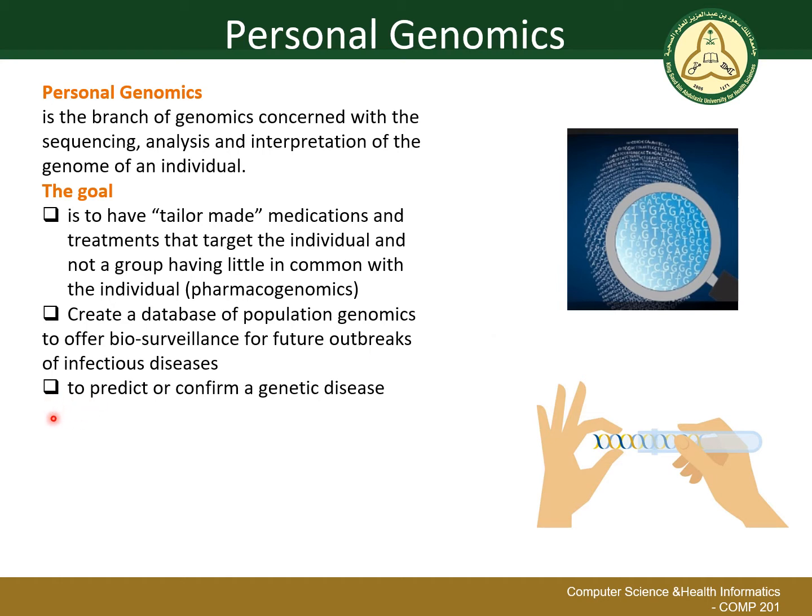And the last goal is to predict or confirm genetic disease. So they use personal genomics to confirm that this person has a genetic disease, or to predict if this person will develop a specific genetic disease in the future.